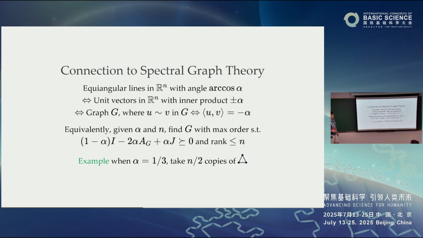And the all-one matrix J is also PSD, so the sum will be PSD already. And then you can also check the rank is at most n. So I'm just giving you an example of such a graph that satisfies these two conditions.